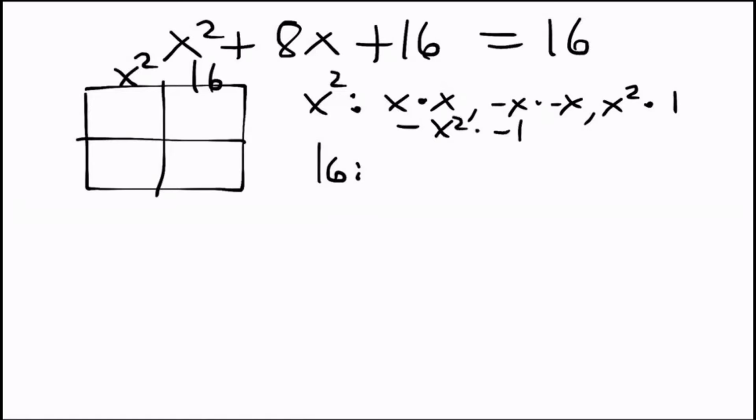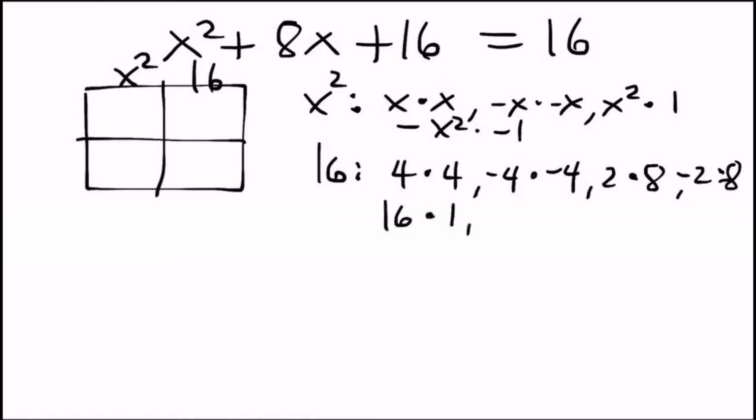And for 16, we have 4 multiplied by 4, negative 4 multiplied by negative 4, 2 multiplied by 8, negative 2 multiplied by negative 8, 16 times 1, and negative 16 times negative 1. Did we miss out on anything so far? I think that is all of them.